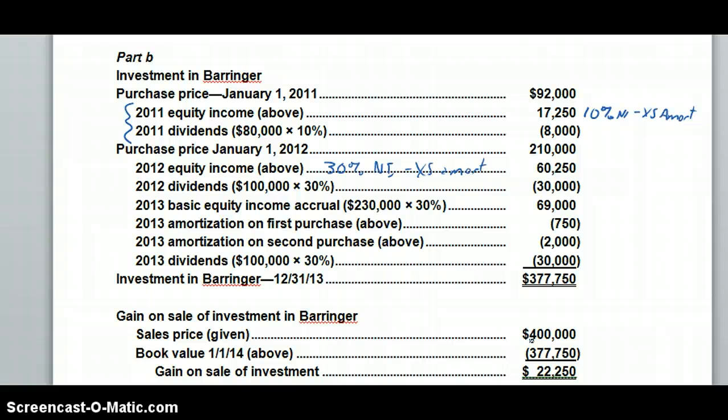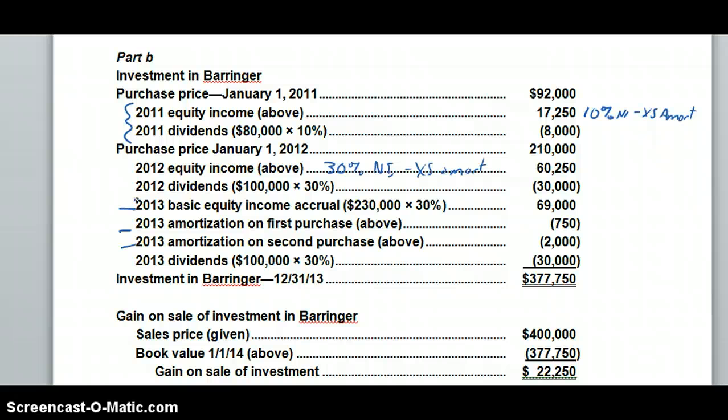Finally, in 2013, we would have amortization of the first purchase, $750 a year, the second purchase, $2,000, and 30% of 2013 net income. 2013 net income, which is given toward the bottom of the text of the problem, was $230,000. 2013 dividends, $100,000.